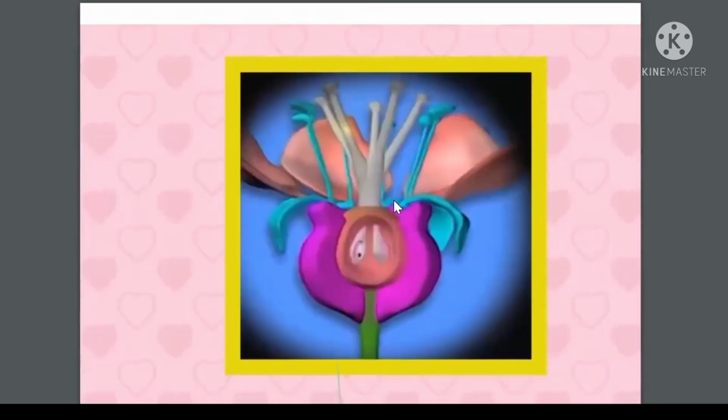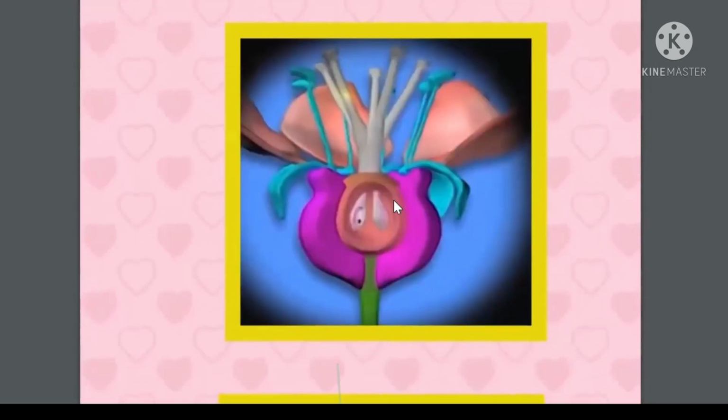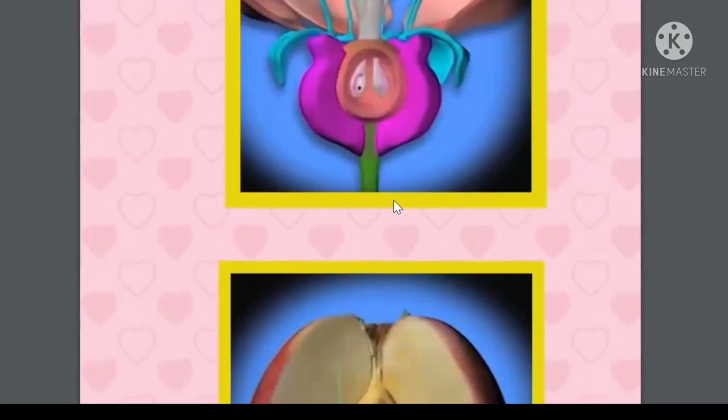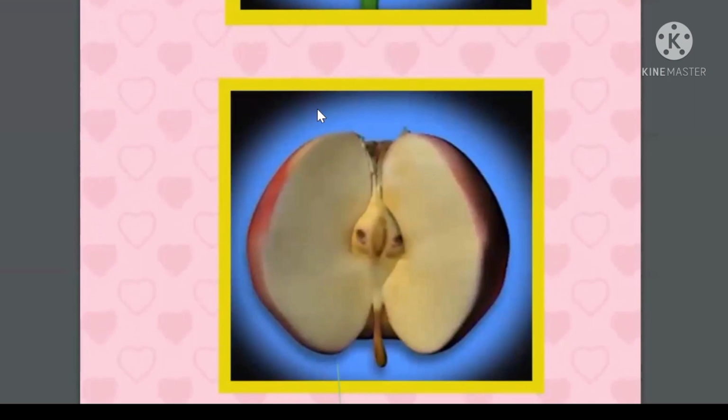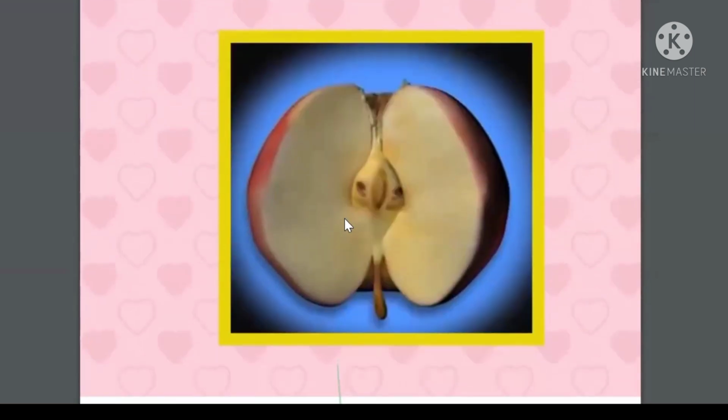Now see this. Here we can see a pictorial representation of this fruit. Can you name this fruit? Very sweet fruit. We would have eaten it occasionally. Yes, you are right.